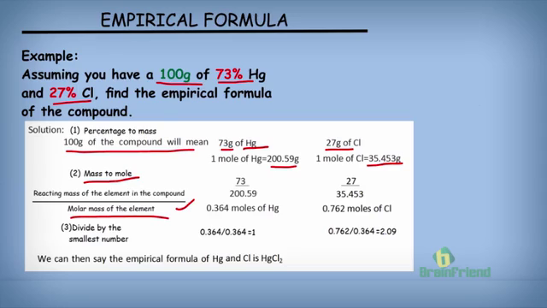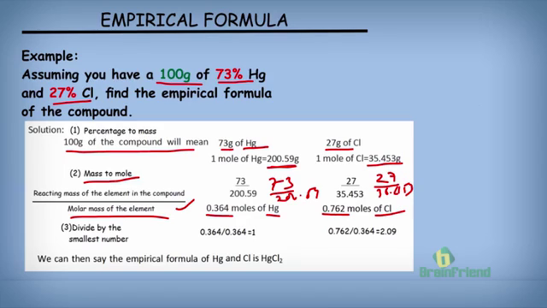This is our reactive mass, and this is the molar mass. For mercury, we have 73 divided by 200.59, and that will give us 0.364 moles of mercury. For chlorine, we'll do the same: 27 divided by 35.453, and that will give us 0.762 moles of chlorine.